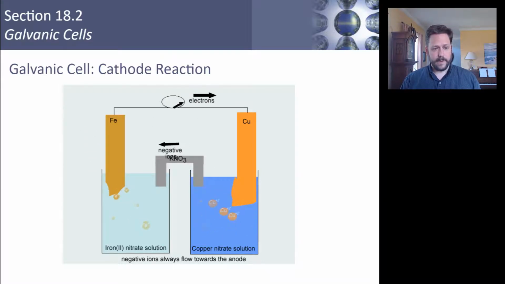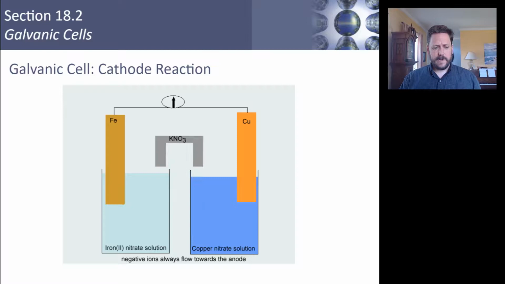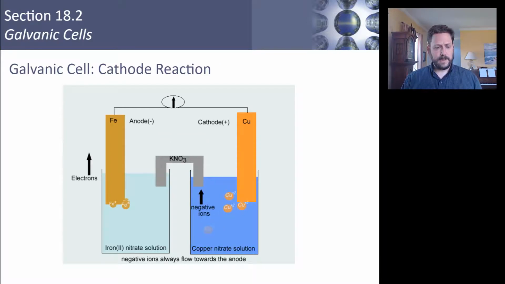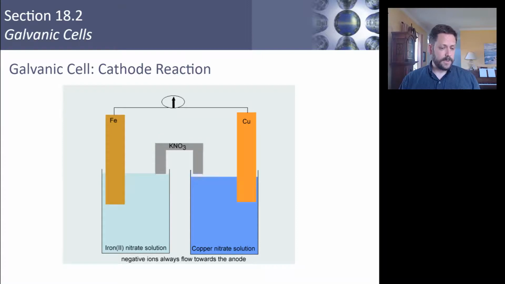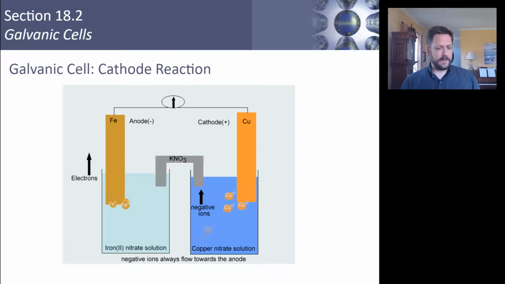They come from the wire as they're being transported through the cell. Now, all of those copper ions in aqueous solution are being depleted, and so that's going to be a deficiency of positive charge in that solution. That's why the salt bridge is going to cause potassium ions to migrate into the solution on the right to replenish the positive charge as the copper ions are leaving.